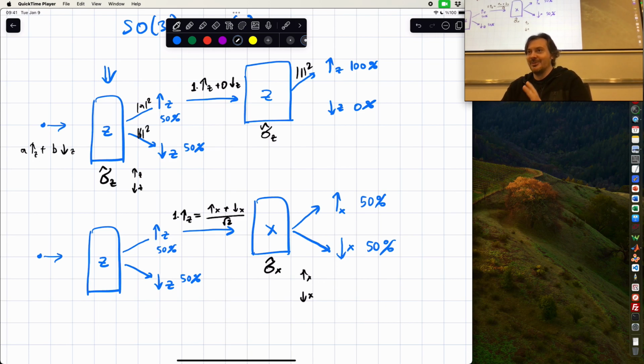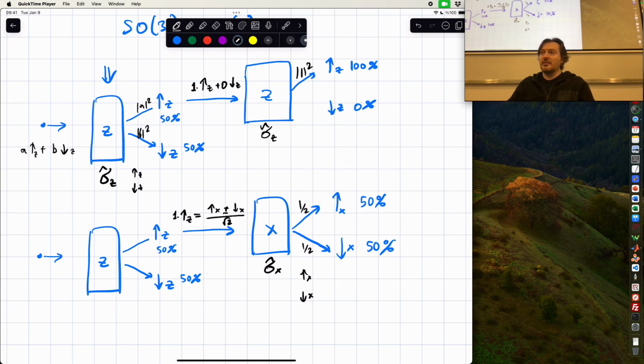I think, I hope. Whatever, I'm not sure about this plus or minus. But in any case, their probabilities are 1/2 and 1/2. 50%, 50%. So if you want to construct this up z, you need to use up x and down x in a certain fraction so that you get those outcomes. Are you still with me?